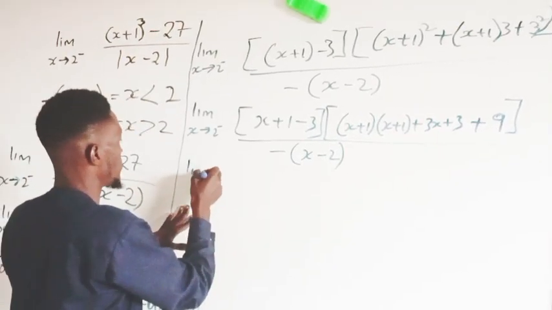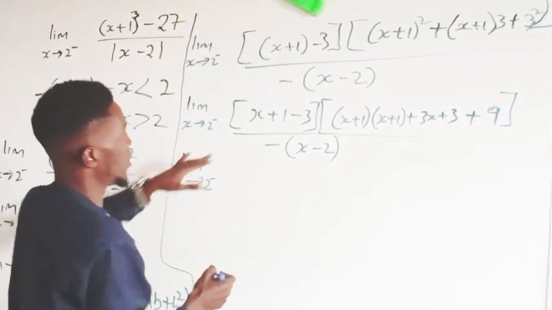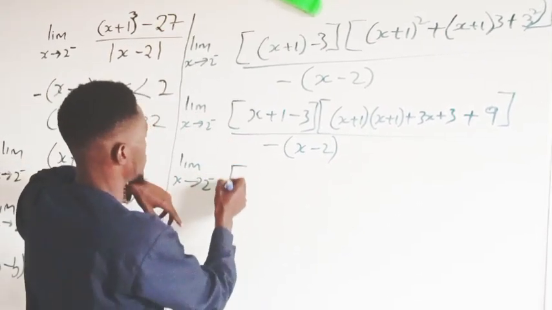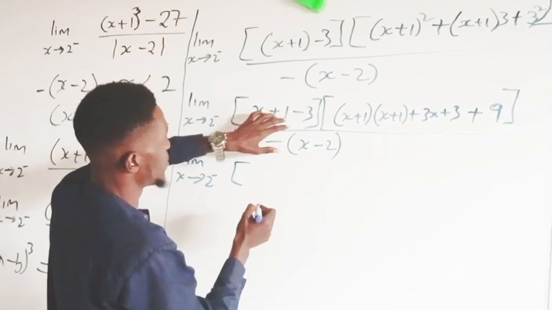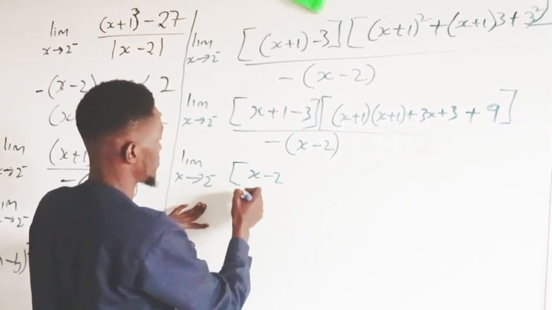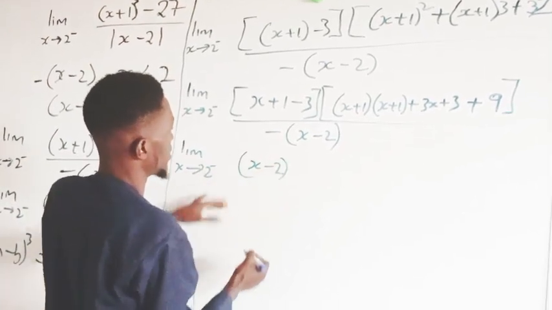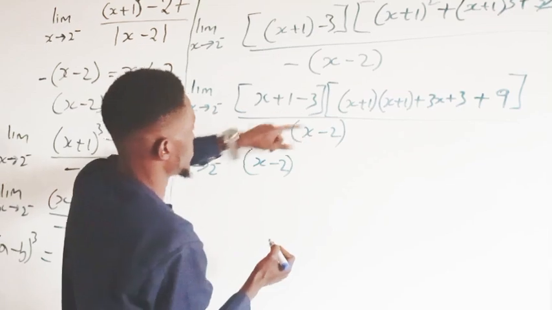Let's continue from where we stopped. We have x as x approaches minus 2. Here, x plus 1 minus 3 is going to be x minus 2. In this context, let me put it in a bracket, because 1 minus 3 is minus 2.